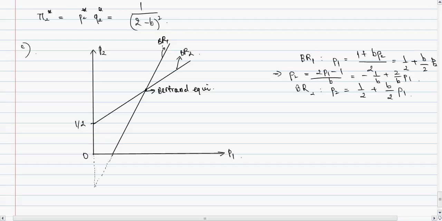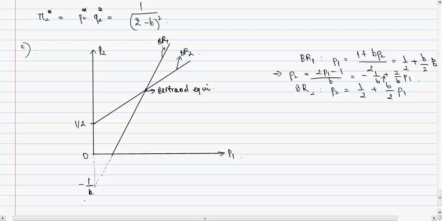Okay, so we do the best response function for firm 1 first. Looking at firm 1, you see that the vertical intercept here is -1 on B. So if B is increasing, 1 on B will be decreasing.